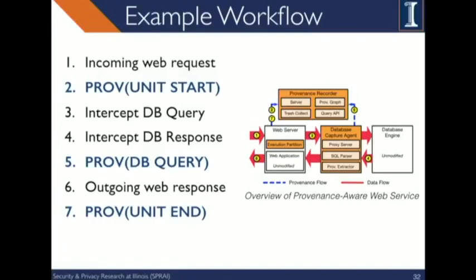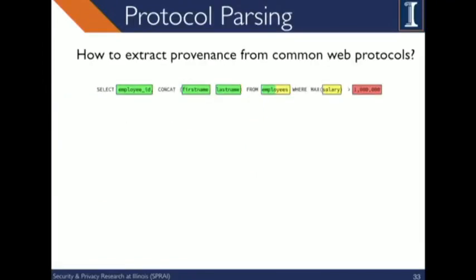All right, so just a couple examples of what these network provenance functions actually do. Let's take a look at how we would parse a SQL request in order to turn it into a provenance record. Here we have a select statement where we look at the employee ID, the first name and last name of the employee, the table where this information is coming from, and then we filter our results based on their salary.